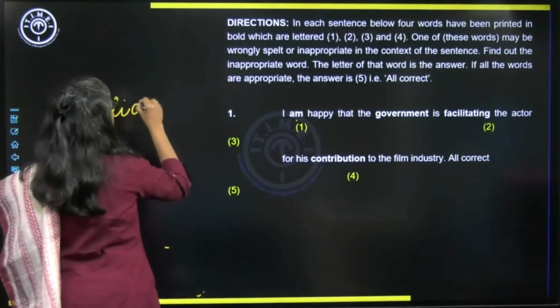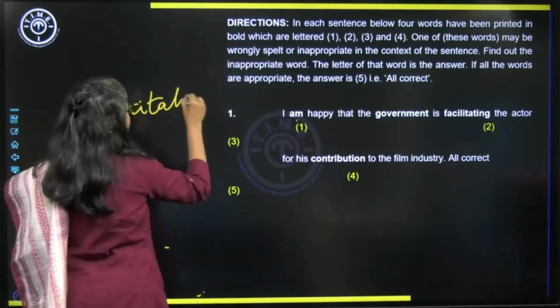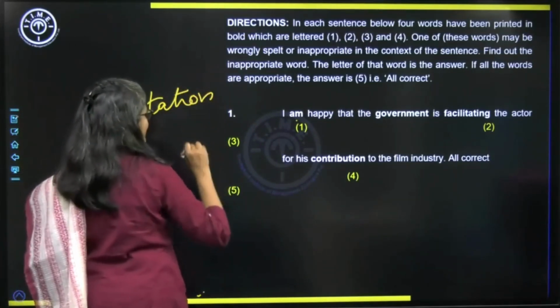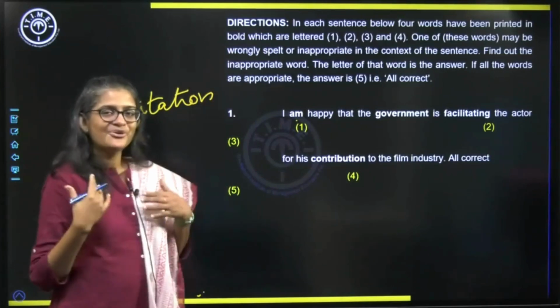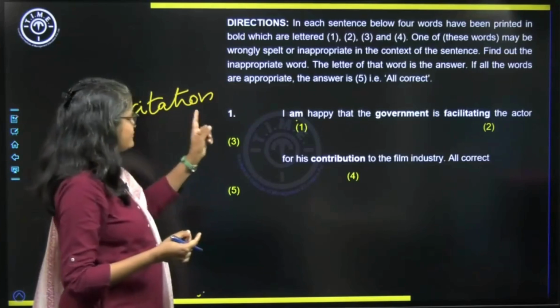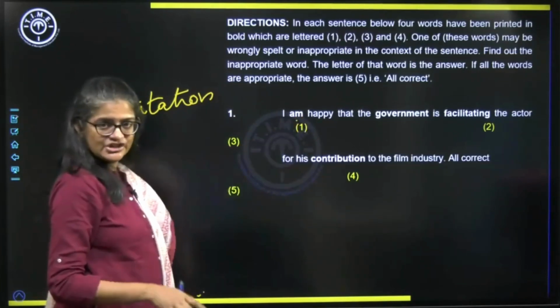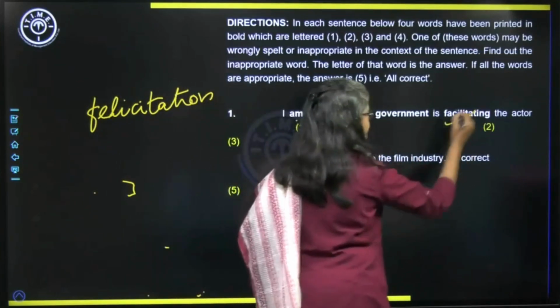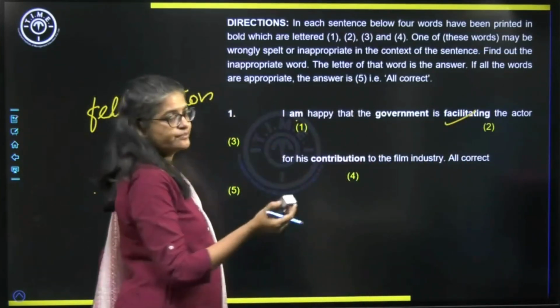Felicitating. Felicity means happiness. Felicitation is your expression of happiness or your respect for somebody. Felicitating the actor. So that is the error. The error is in part 2.